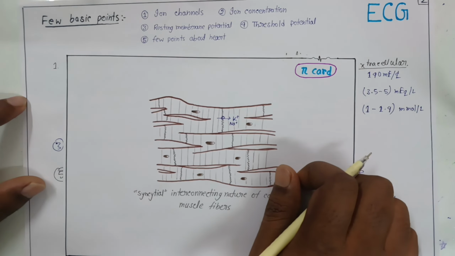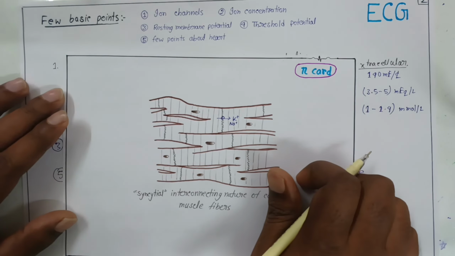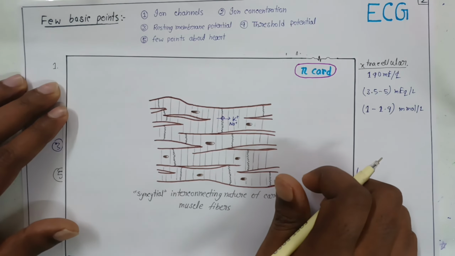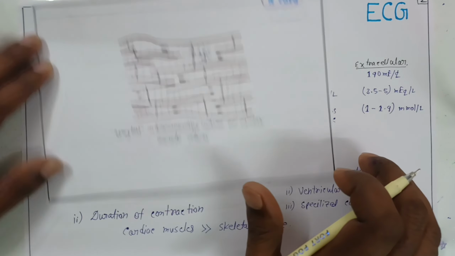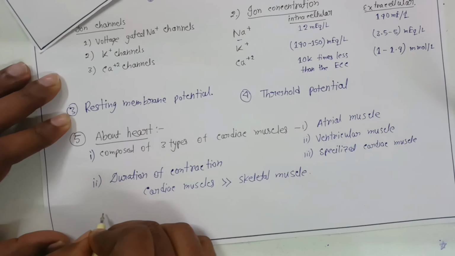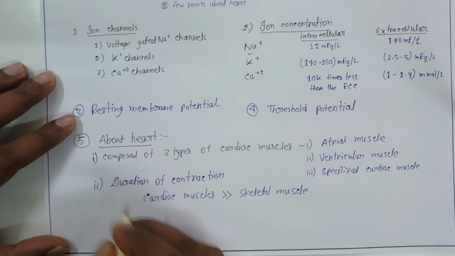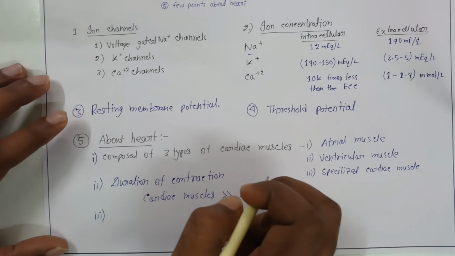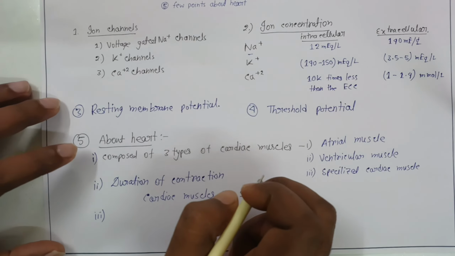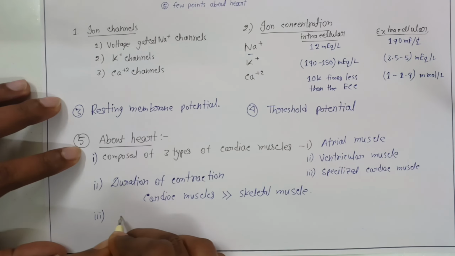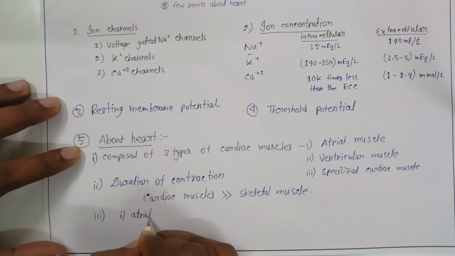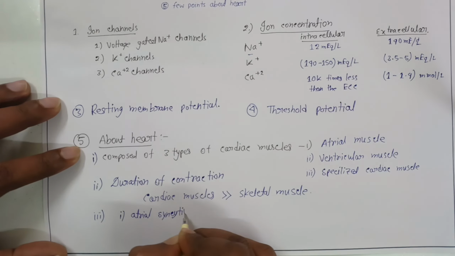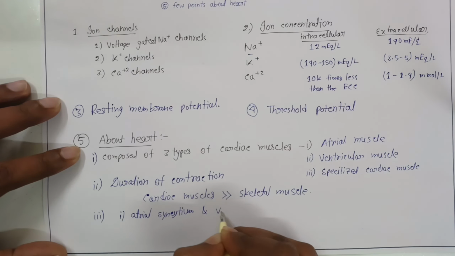Our heart is actually composed of two syncytiums. That means it is composed of number one, atrial syncytium, and number two, ventricular syncytium.